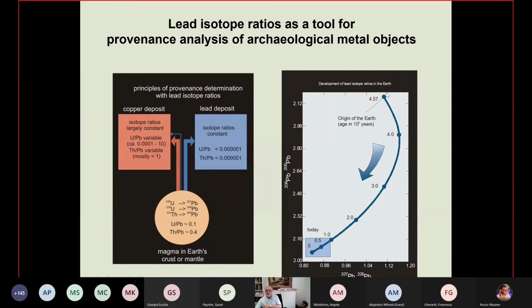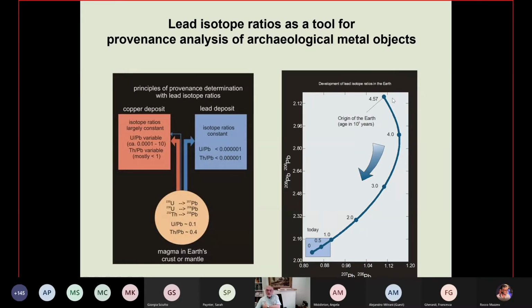So that's the principle, and here you see the variation that has taken place since the formation of the Earth in the usual lead isotope ratio diagram, where 2 ratios are plotted against each other. To find out the full variation of the lead isotope ratios, you would need another diagram because you have 3 independent variables.